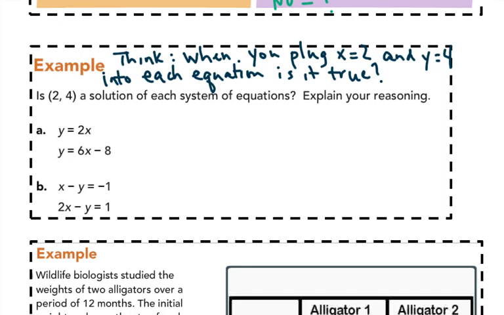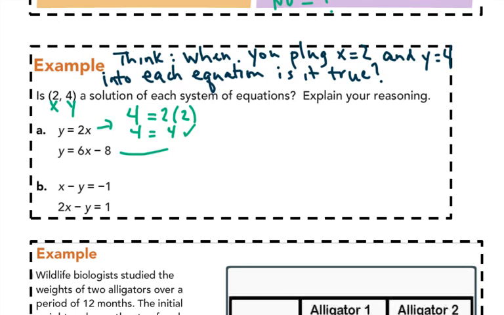So let's talk about A. When you plug x equaling 2 and y equaling 4 into this equation, you would end up with 4 equals 2 times 2. And we all know that 4 equals 4 is correct.